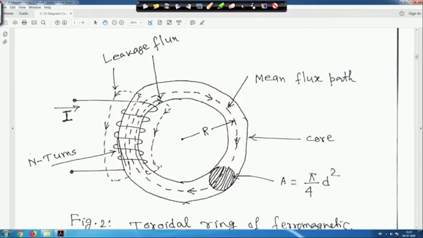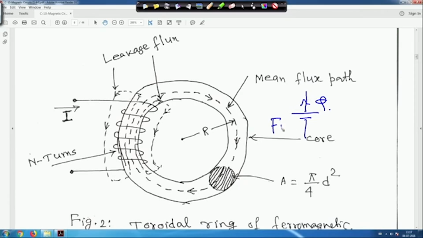So suppose this is my flux line, this is my flux. As for its direction, in a DC electric circuit, current leaves the positive terminal of any voltage source, right? That means this is my plus and this is my minus.